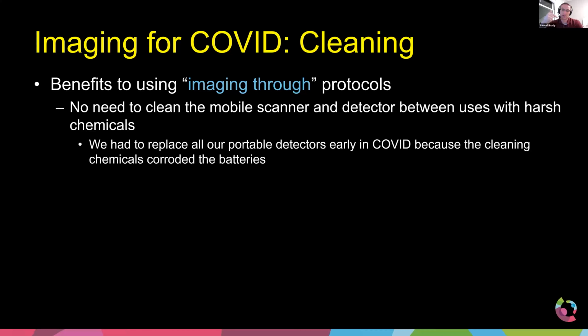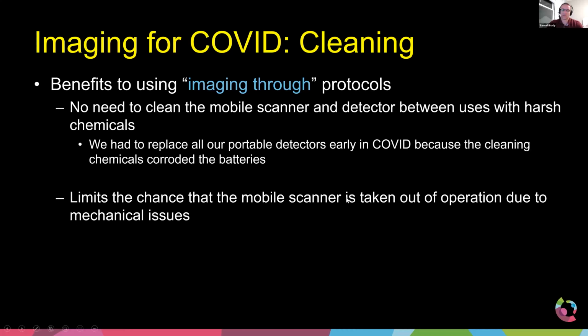In fact, for us, having had to wipe down all of our portable detectors, we had to replace every one of our detectors because the cleaning solution actually corroded and destroyed the battery on all of them. So that was a really expensive mistake. And that's why we bag everything now instead of just placing the detector directly in contact with the patient.